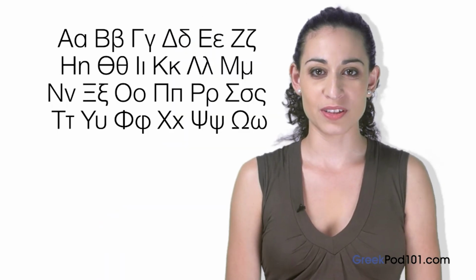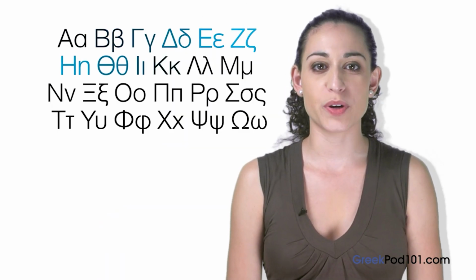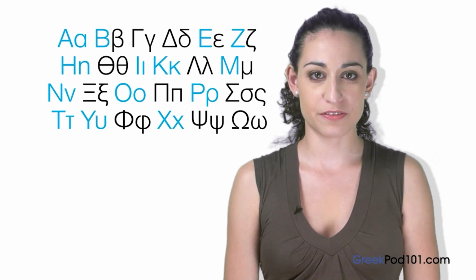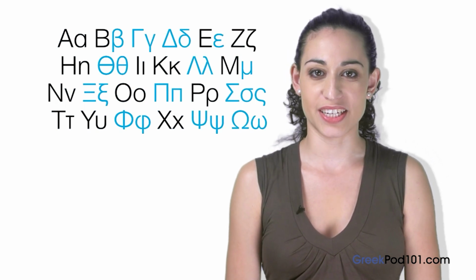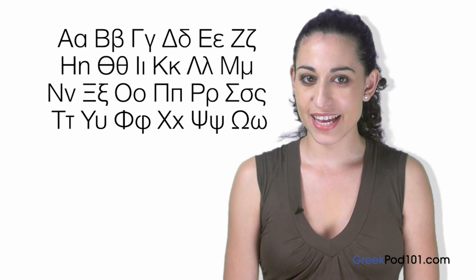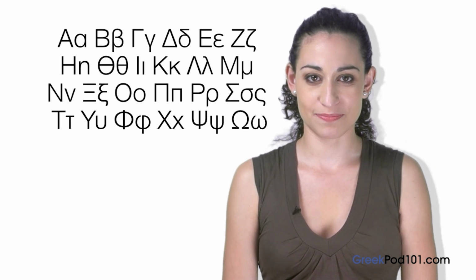But before we look at what is new for today, let me do a very brief recap of what we have learned so far. First of all, the Greek alphabet itself is 24 letters, some familiar from the English alphabet and some unique. Do you remember them? Let's go through them once more.